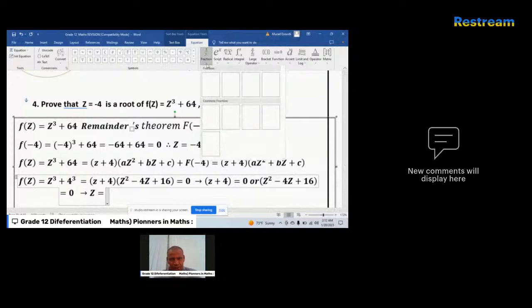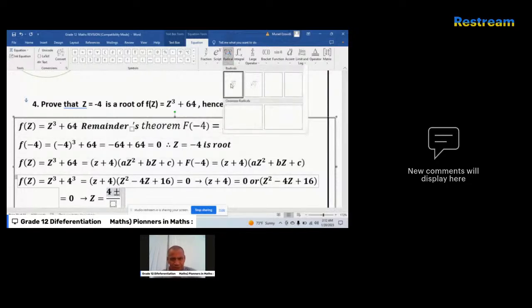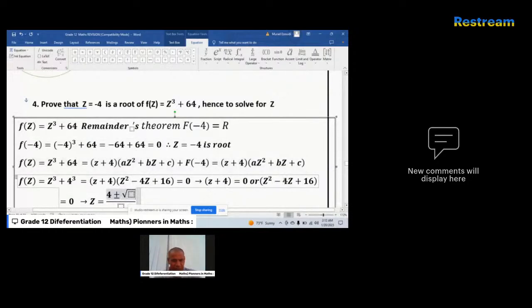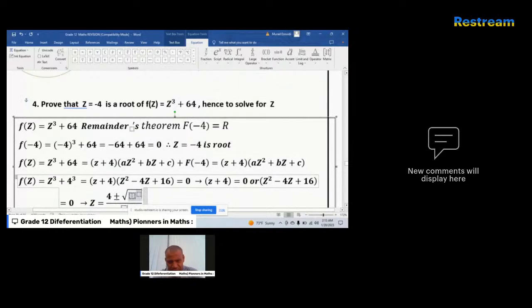I will use the quadratic formula. Minus b means minus negative 4 is 4, plus or minus the root of negative 4 squared, minus 4 multiplied by 1 multiplied by 16.